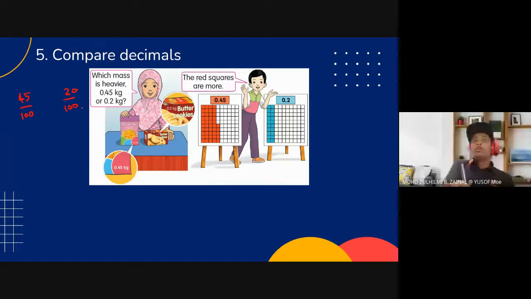Macam mana nak tahu? Ingatlah, nanti cikgu bagi table. Kamu kena hafal the tables. Okay? Kalau nak change into 1000, a fraction of 100. Okay, so this is how you change. And then once you get the fraction, then you can compare between these two. You can compare, then you can see which one is heavier, which one is bigger.